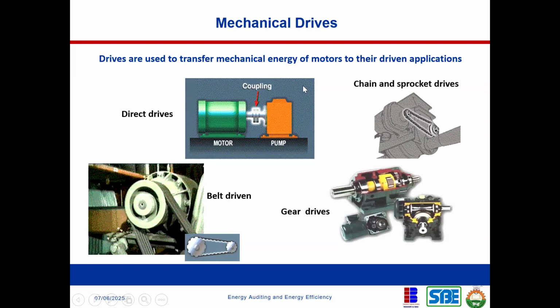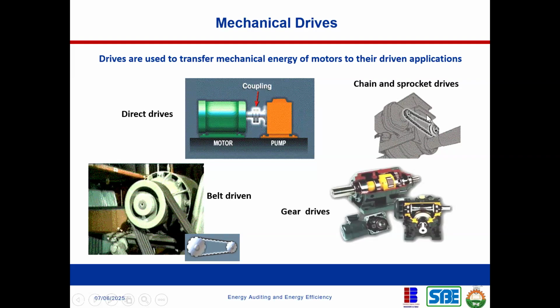I already explained this. Now you have direct drive, direct coupled drive, right? Now this is what it is. If you have a direct coupled drive, I think efficiency is always higher. However, this might also create problems depending on the system you want to drive. Okay. Now there are chain driven applications. You can see there are chains.